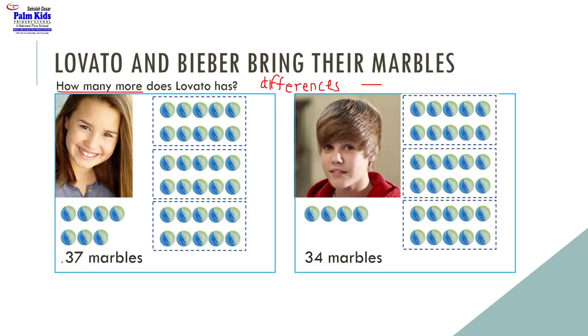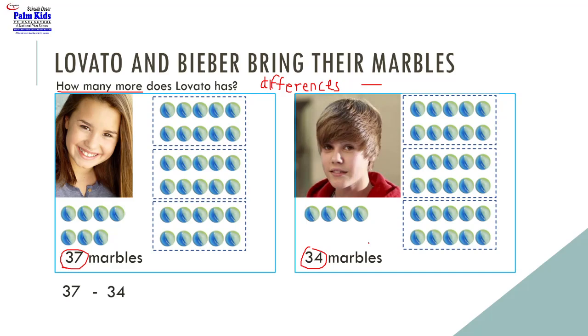We already know that Lofato has more, which is 37, while Bieber has fewer or less, which is 34. So when we find the difference, we put the bigger number first, which is 37, minus 34.